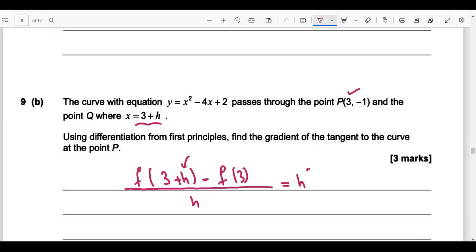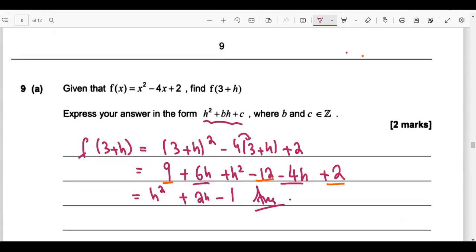It was h squared plus 2h minus 1. Now when I plug in 3 into the function, it would give you 9 minus 12 plus 2, so it would be minus 1, right? Mm-hmm.